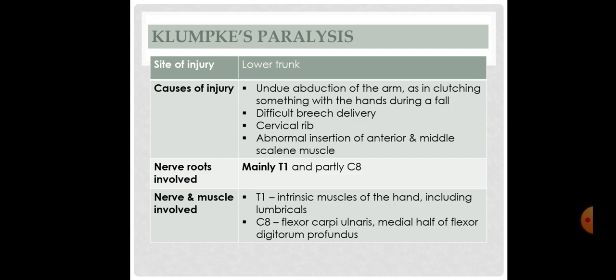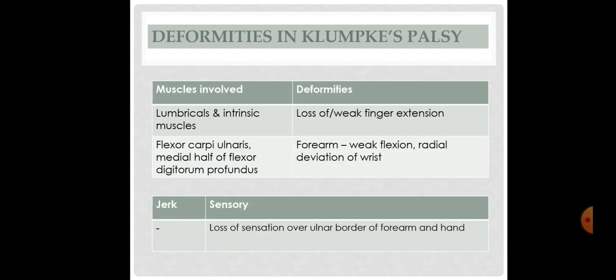Okay, so let's see what are the muscles involved and what deformity occurs. We already told that all the intrinsic muscles including lumbrical muscles are paralyzed. So there will be loss of or weak finger extension. Because there is intact radial nerve, finger extension will not be lost totally.